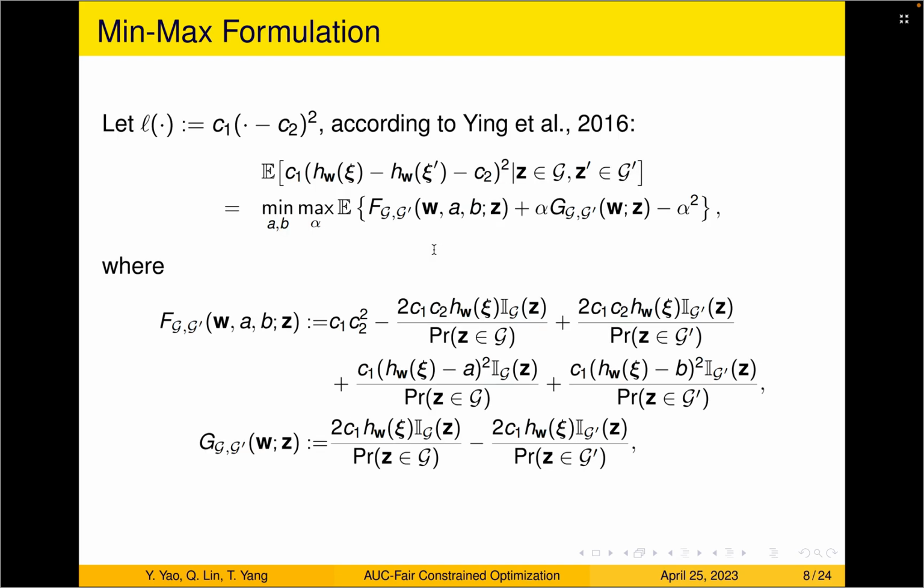Then we can let the surrogate loss be a quadratic loss according to Yin 2016. With the quadratic loss, we can write the conditional expectation as a min-max formulation, where the capital F and capital G are defined as this formulation. So thanks to this min-max formulation, we don't need a paired data set anymore.